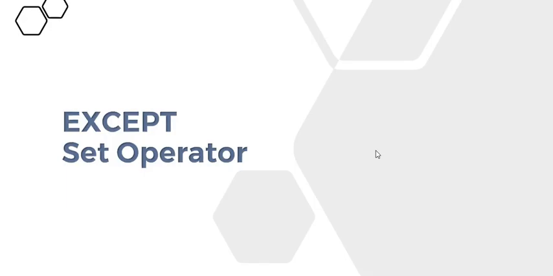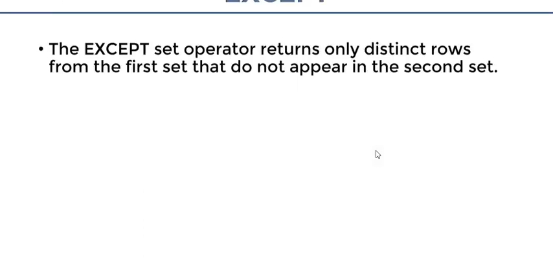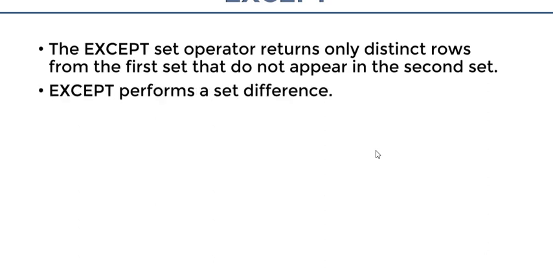Except operator. Let's see. This is called the except operator, and it is also called the minus operator in Oracle SQL. See, the except set operator returns only distinct rows from the first set that do not appear in the second set.